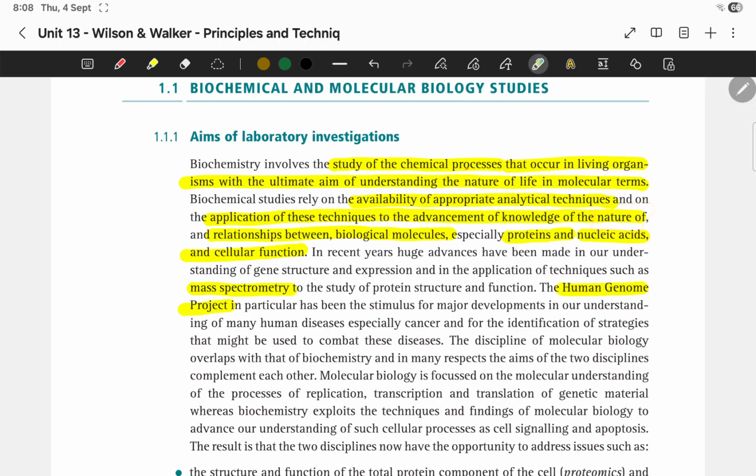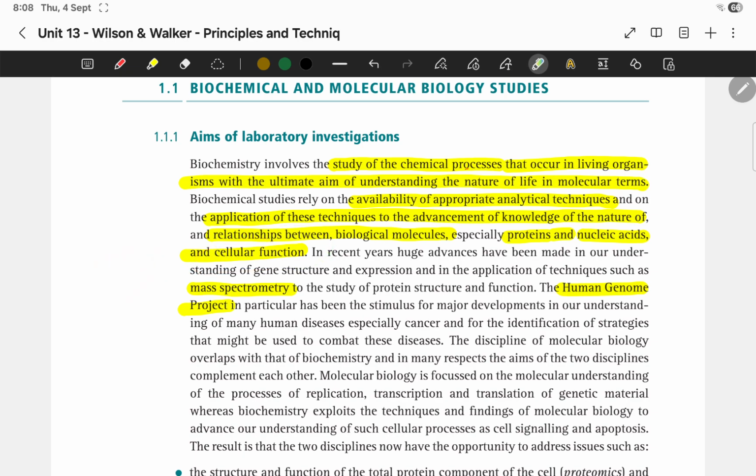The relationship between structure and function of the biological molecules. What kind of biological molecules are these? The proteins, the nucleic acids, and what are their cellular functions?